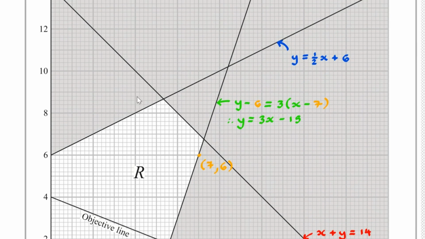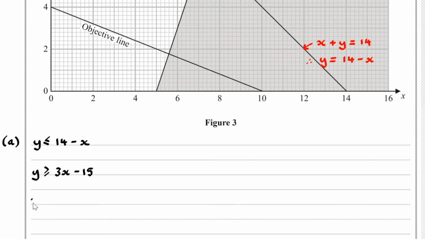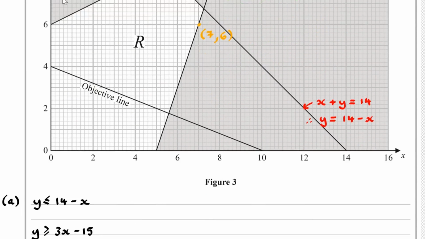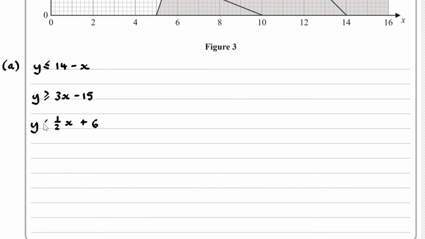And if I consider this line here, where I've got the y and the 1/2 x plus the 6, I want everything below this line, which means y is less than or equal to 1/2 x plus 6.